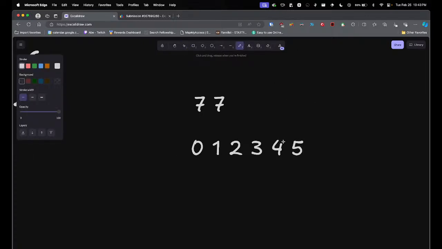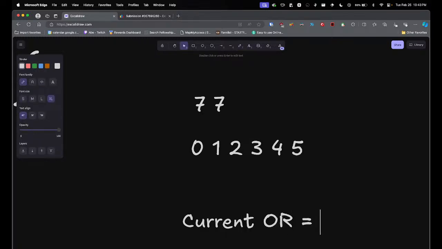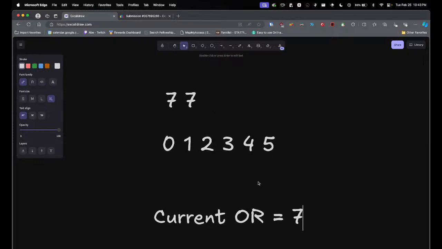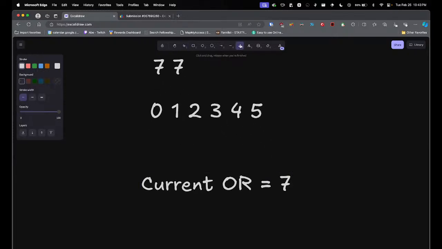So this I have done. What is my current OR? Equals 7, right? Current OR is 7. Three bits are already set from the left hand side. Now, what is the best thing I can put over here?